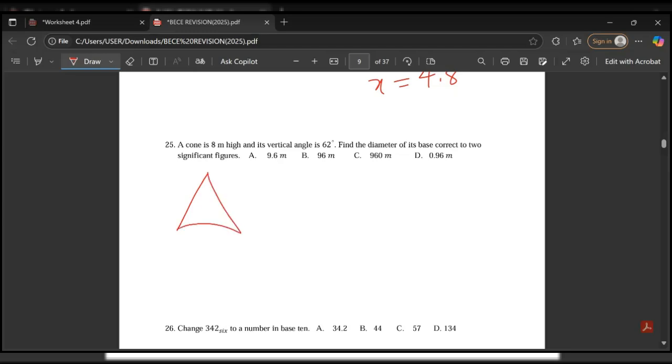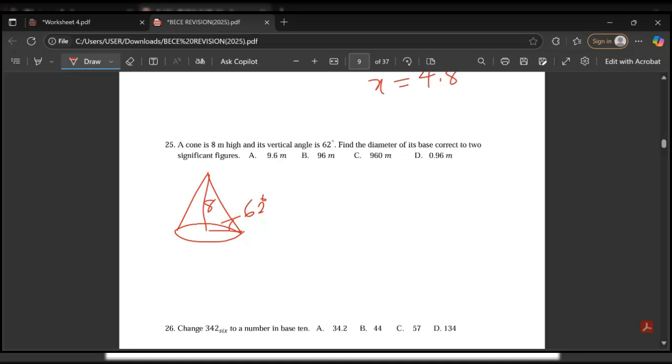This is a cone, 8 meters high. That is the vertical height of the cone is 8 meters, all right? And the angle here is 62 degrees. Find the diameter of the base.